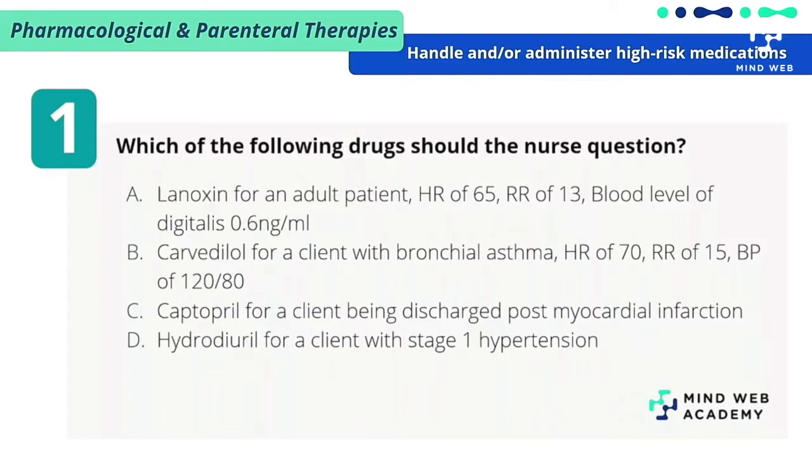Alright, letter A, Lanoxin for an adult patient, heart rate of 65, RR of 13, and blood level of digitalis of 0.6 nanogram per ml. Letter B, nurses, you have Carvedilol for a client with bronchial asthma, heart rate of 70, RR of 15, blood pressure of 120/80.